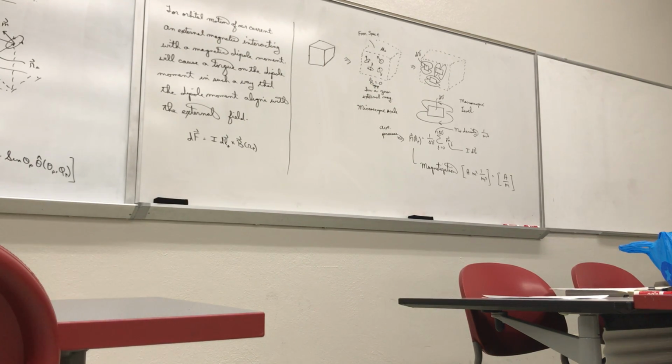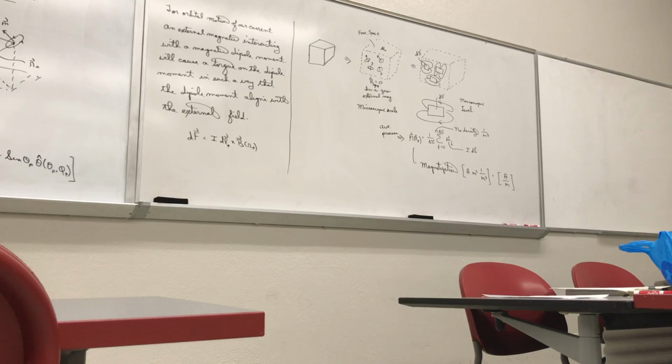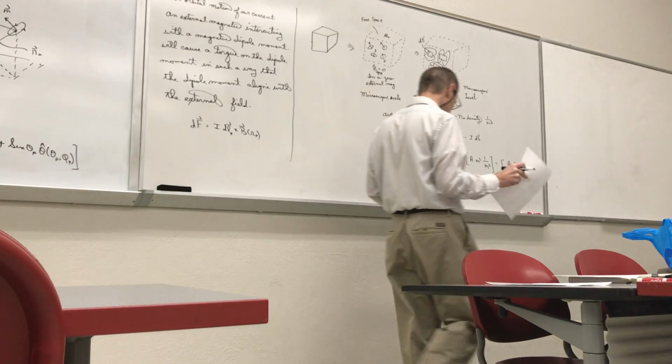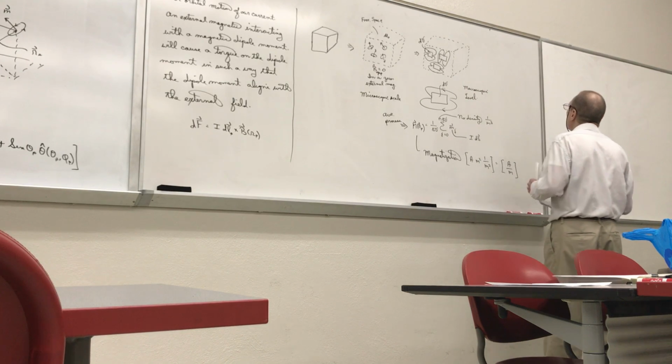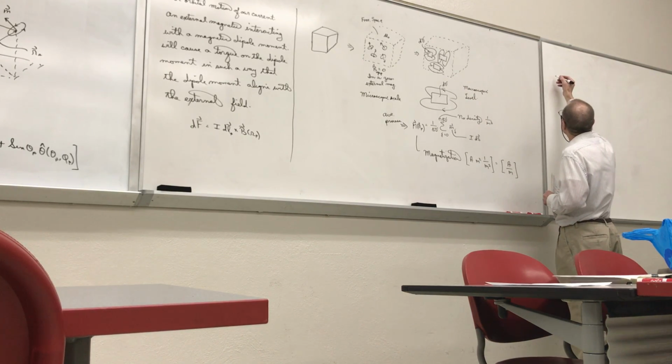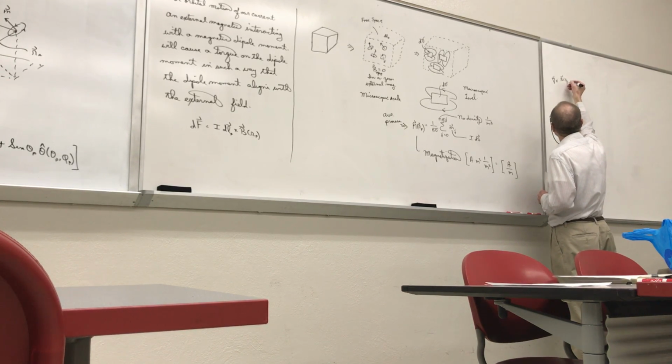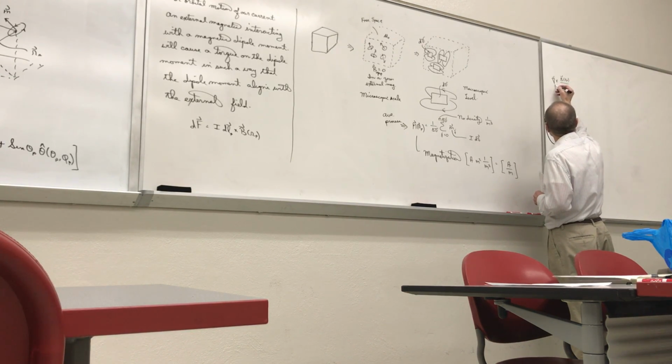Now let's go back and look at our laws. One law that we've been working with is the curl of the magnetic vector potential, the magnetic flux density at our point of observation divided by the permeability of free space.